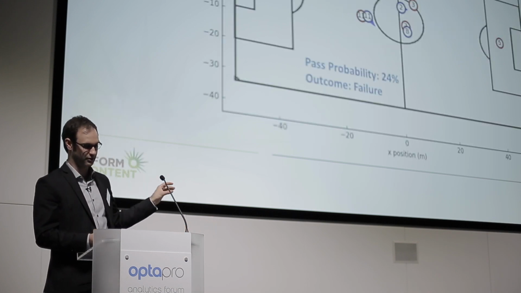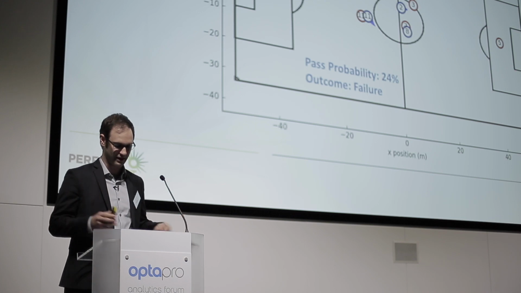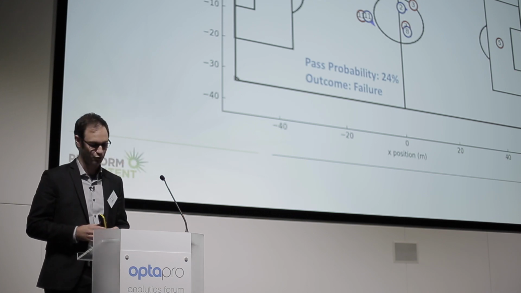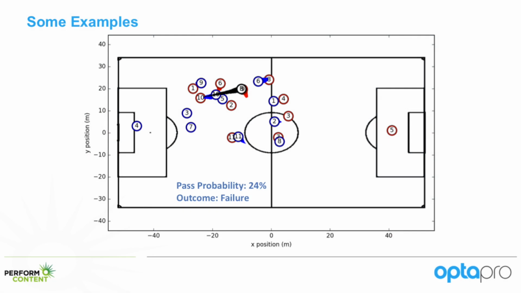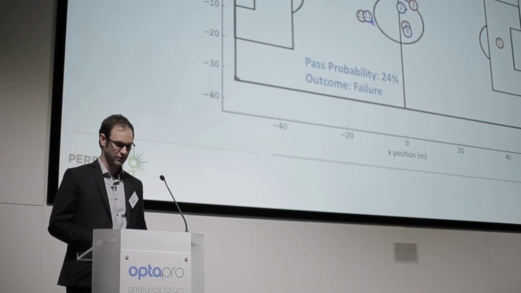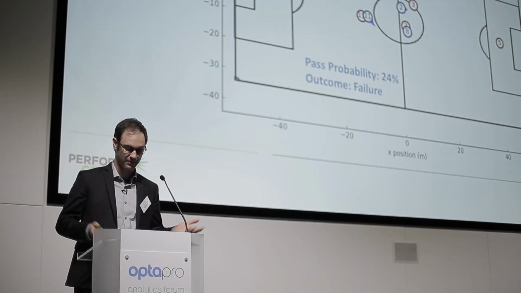So here's an actual example. The numbers are all randomized, so you can't figure out which teams these were. This has a pass probability of 24%. The blue player is passing. I believe he's trying to pass to player 6, but it gets intercepted by the red player, and it results in a failed pass. So we could automatically find these just from data, and look into them.